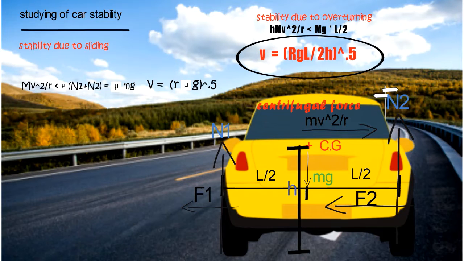And if you look at N1 and N2, you will find N2 bigger than N1 because of something called centrifugal force, which is in the opposite direction of the circular motion. It has the value mv squared divided by r, which is also m times omega squared times r.